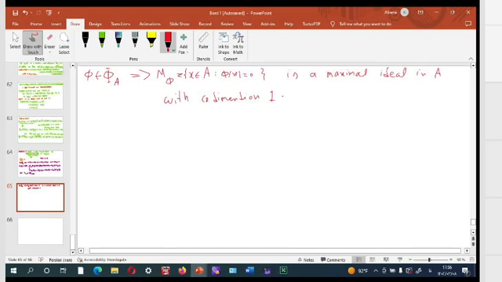This is one codimension, or it has codimension 1.